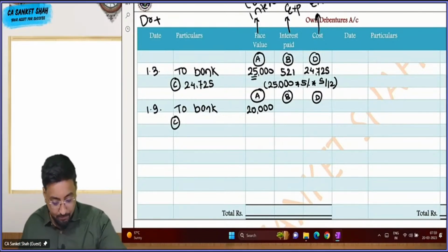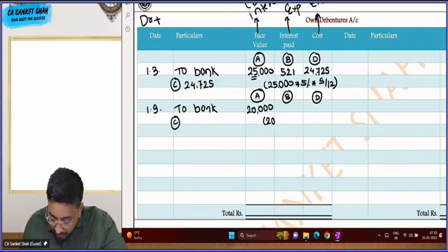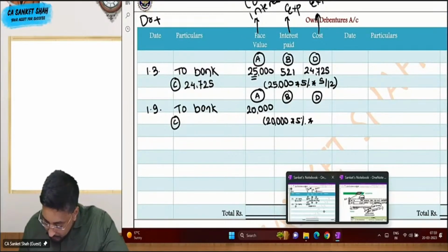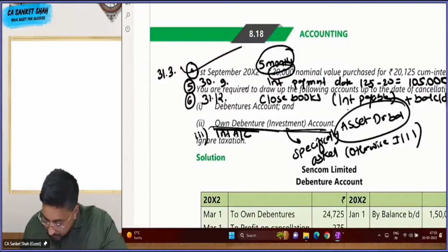Very good beta, very good. So 20,000 into 5%. How many months beta? 5 months.